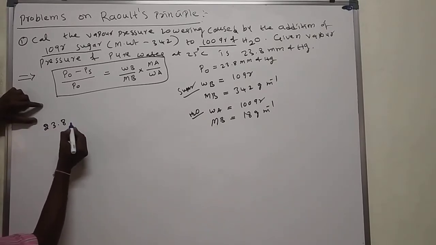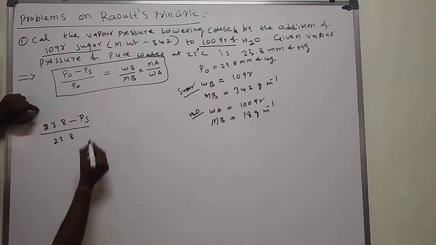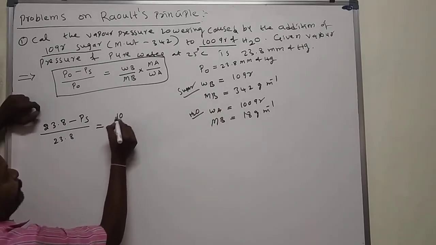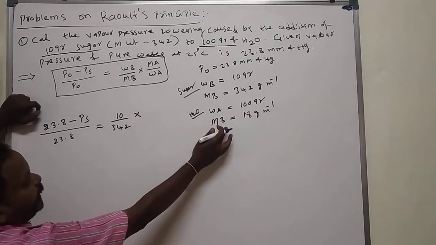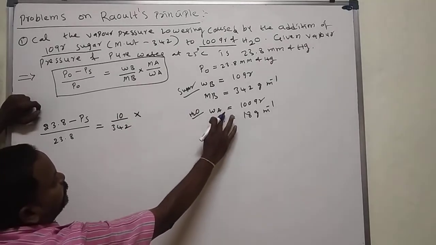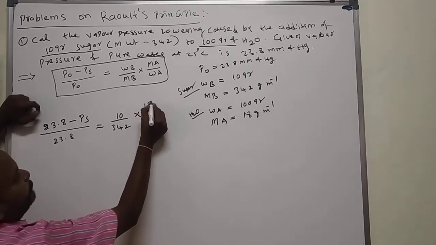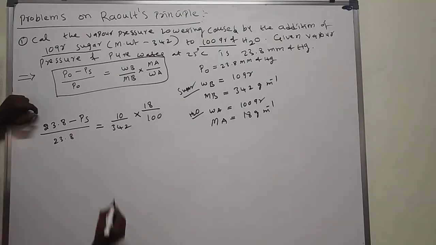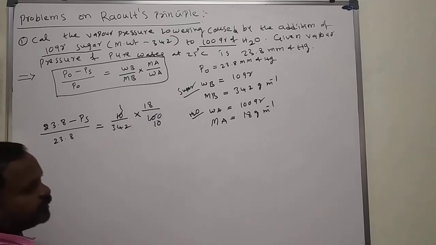23.8 minus Ps by 23.8 is equal to WB here 10 by MB 342 into MA 18 by WA 100. Here the 10s are finishing.